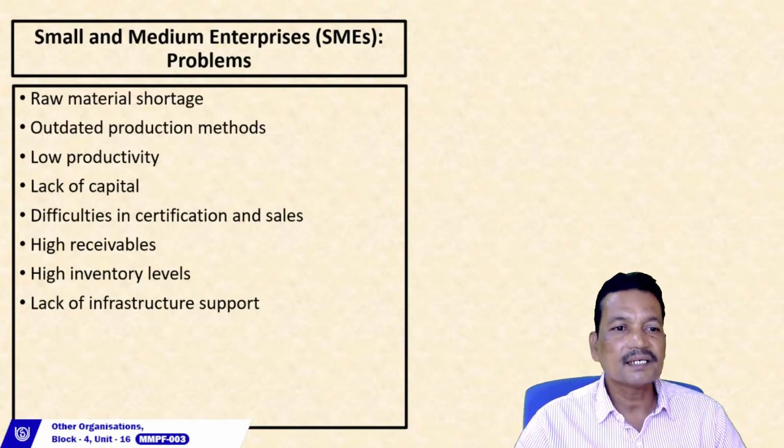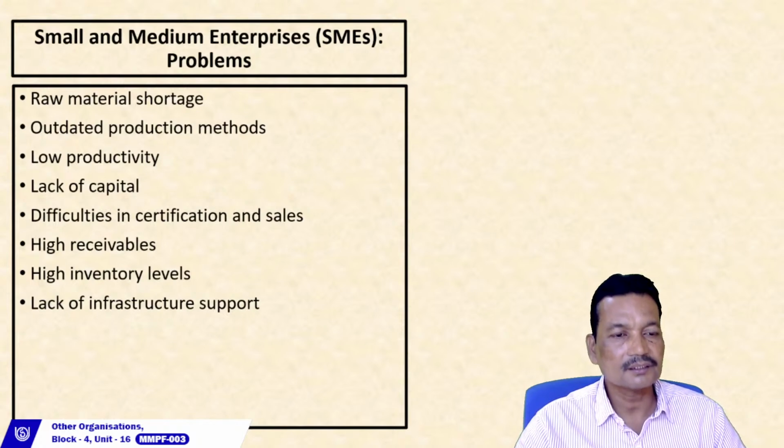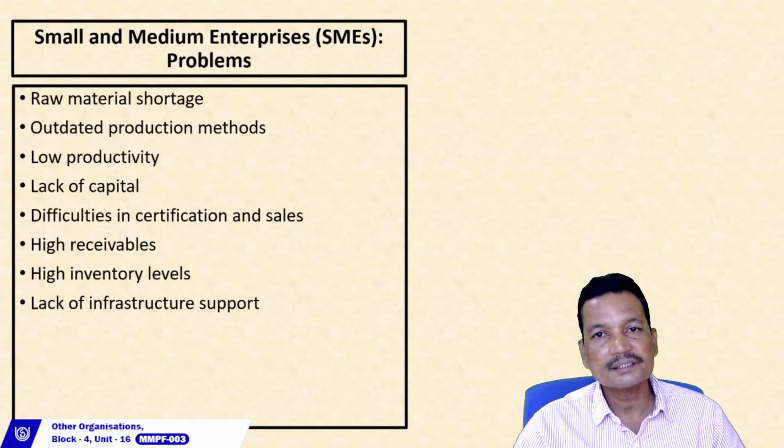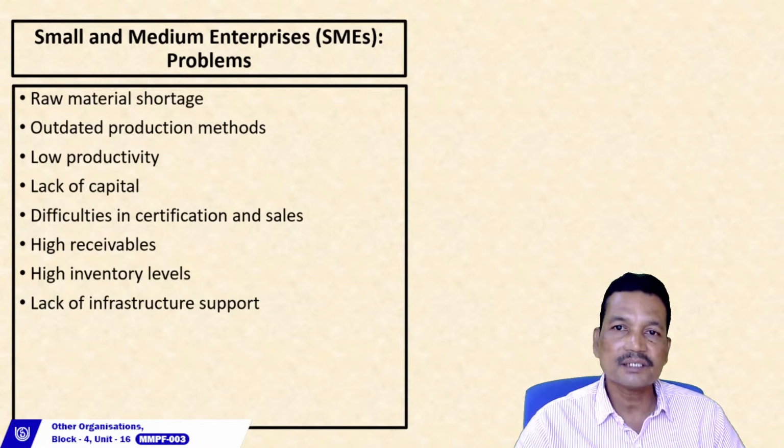Now, to push their sales, they give a high amount of credit to the customers, resulting in a high receivables list. Also, since they are not able to sell their products, their inventory levels may be high.